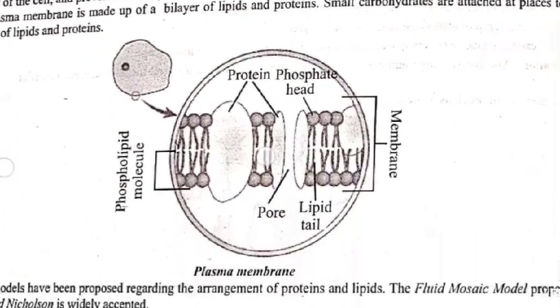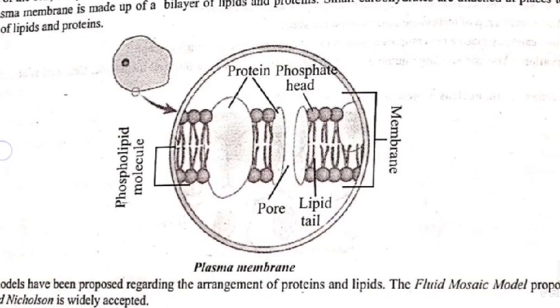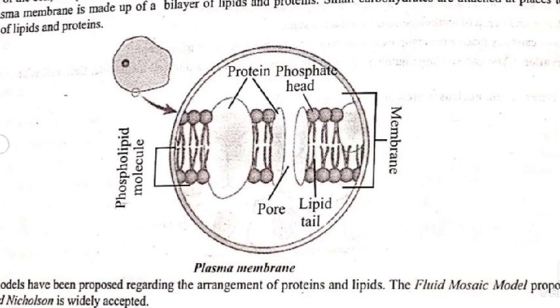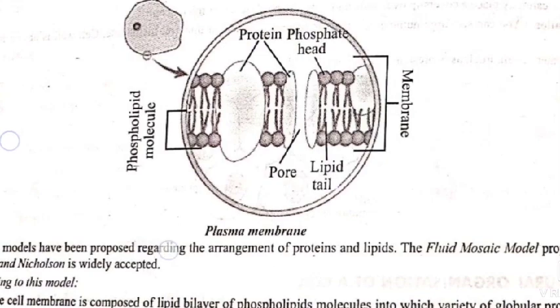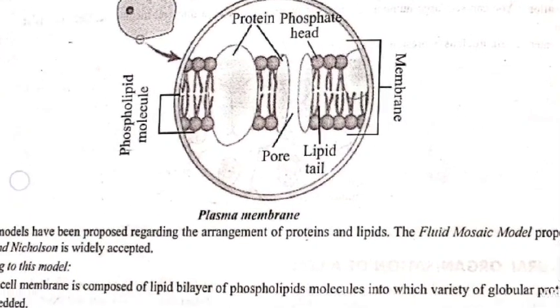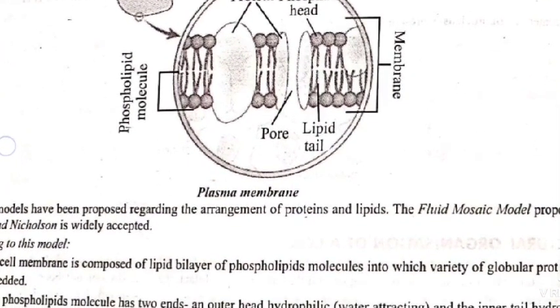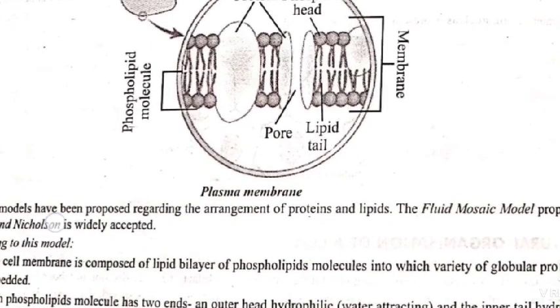See the plasma membrane. Phospholipid molecules and proteins: the phosphate head, the membrane, the lipid tails are also there, and in between, pores also occur. Several models have been proposed regarding the arrangement of proteins and lipids. The fluid mosaic model proposed by Singer and Nicolson is widely accepted.